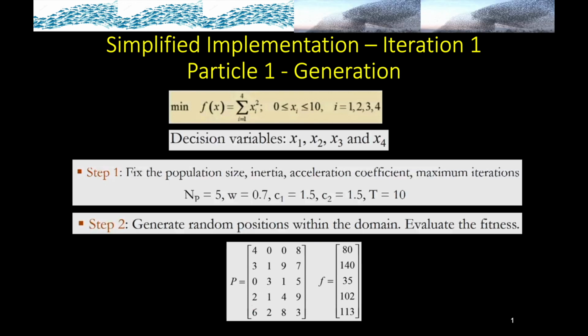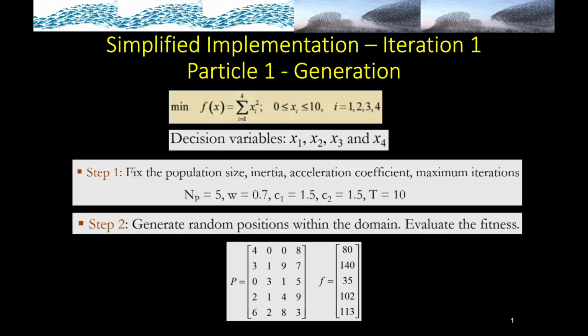So in the generate step, first of all, in the 0th iteration or the first iteration, we fix the population size, the inertia variable, the acceleration coefficients, and the maximum number of iterations that are possible. So the population size NP is 5. So we have got 5 members in the population in each iteration.